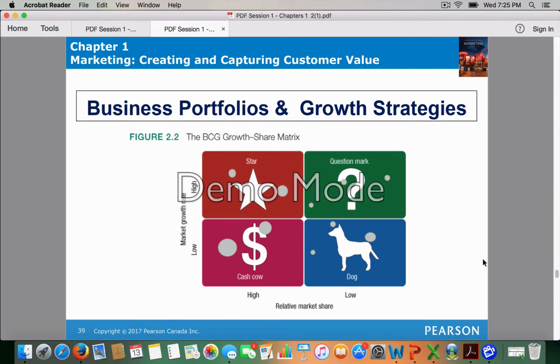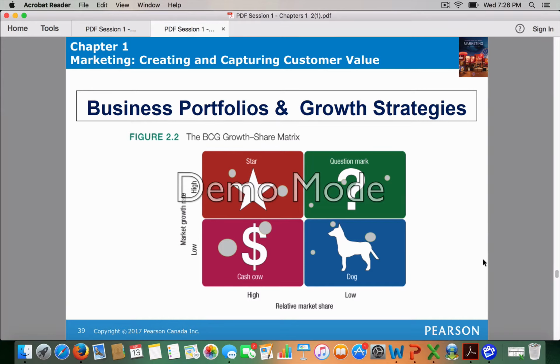You are the leader or one of the leaders in that particular product category. Stars are really important. Businesses love to have a lot of stars in their business portfolio because they represent an enormous amount of potential for profit and for growth in a particular business unit.